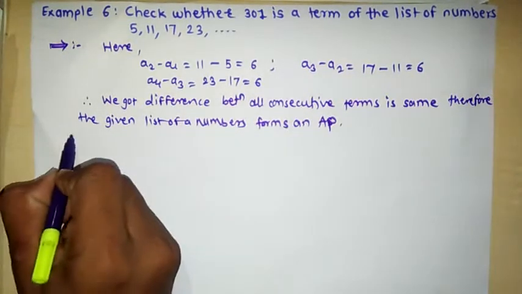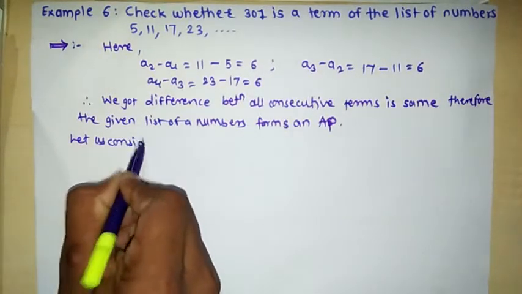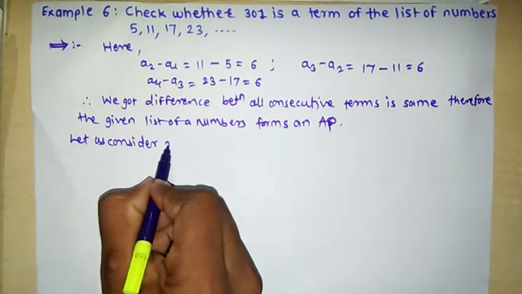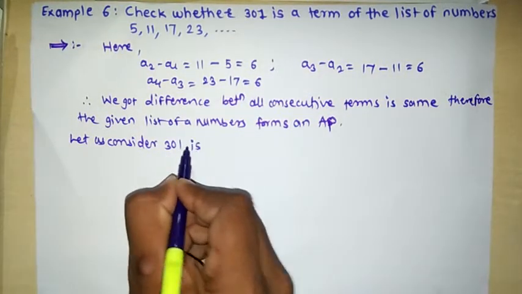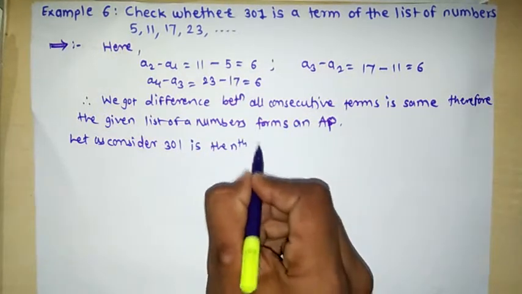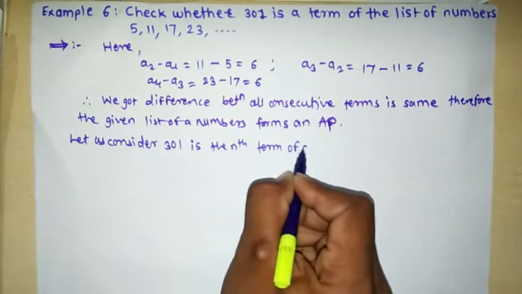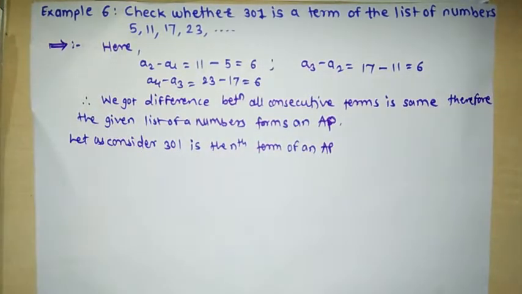Let us consider 301 is the nth term of an AP. Because we don't know which term is 301, whether it is a term or not, that we have to check.